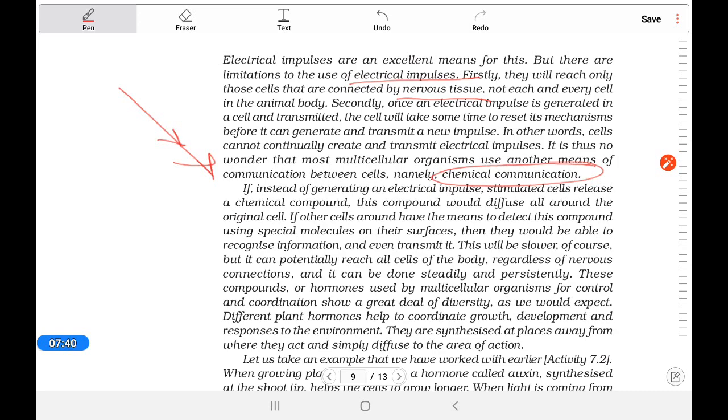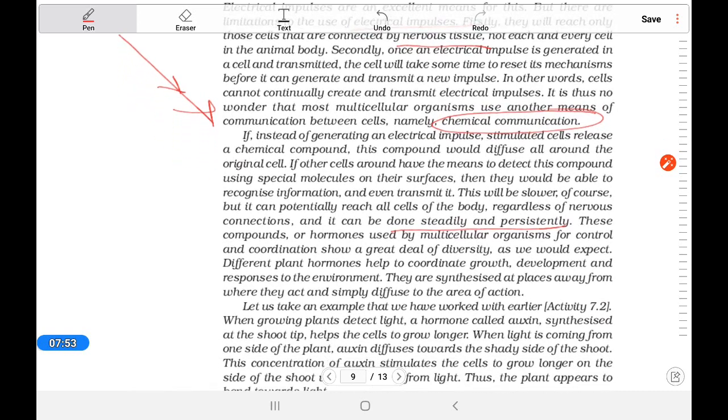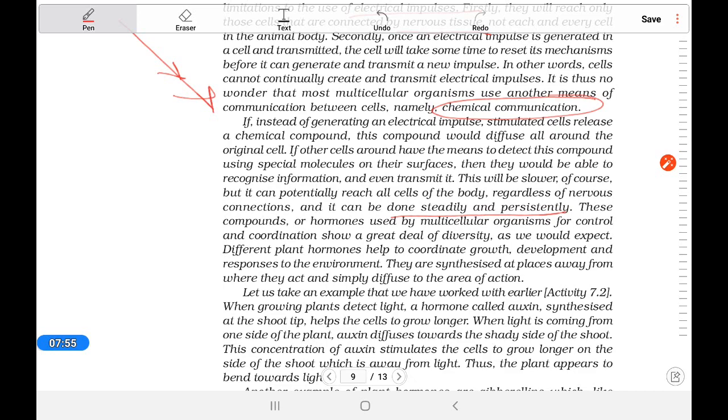Chemical communication is much slower, so the response will be a little slower, but the outcome is the same. The plant also gets the result like animals. Here one example we can see is phototropism along with the action of the hormone, a very important part.